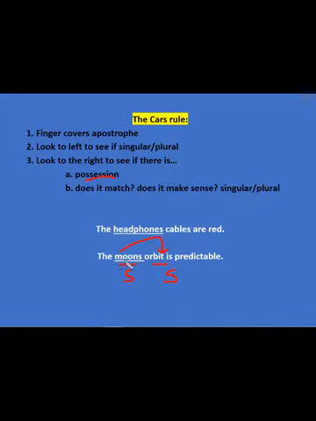Does the moon own its own orbit? Is there an attachment relationship between the moon and its orbit? Yes, so that passes muster, possession. So if this is orbit, singular, this will have to be moon, singular. Simply place the apostrophe before the S.